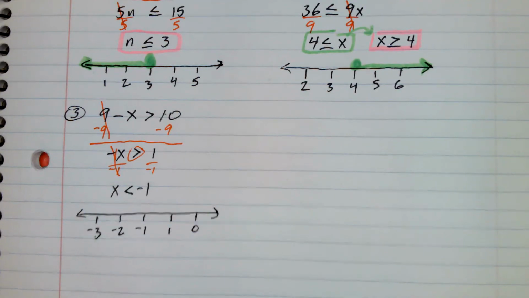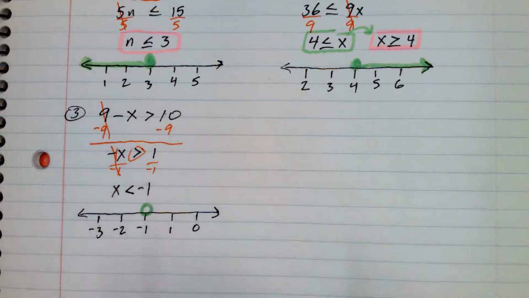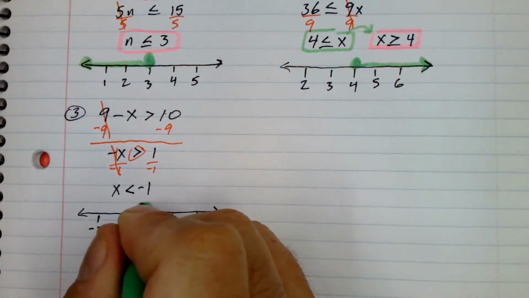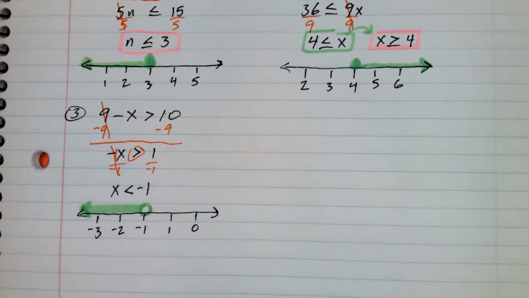So there's my number line. And this time I want an open point because -1 isn't part of the answer. And it's all numbers this way. Okay. Any questions?